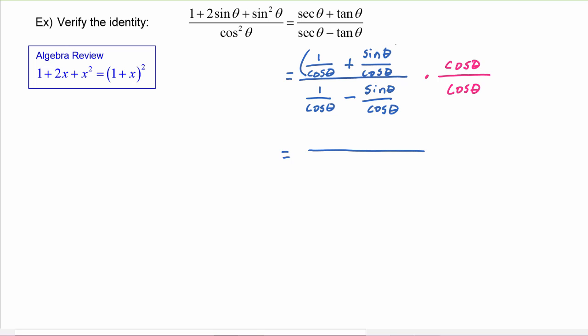Now in the numerator, we need to distribute that cosine theta times 1 over cosine theta becomes 1 plus cosine theta times sine theta over cosine theta becomes sine of theta. In the denominator, we're going to get cosine theta times 1 over cosine theta is 1 minus cosine theta times sine theta over cosine theta becomes sine theta.